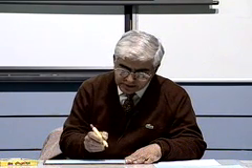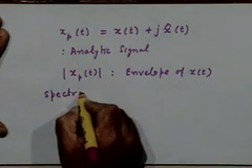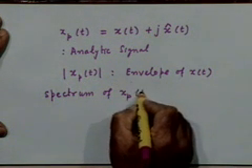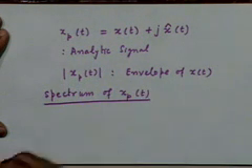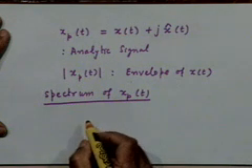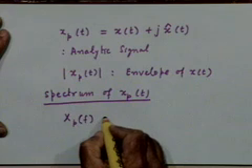and look at the spectrum of x sub p of t. Okay, we are looking at the spectrum of x sub p of t. Now can we do that? Let's take the Fourier transform of this.